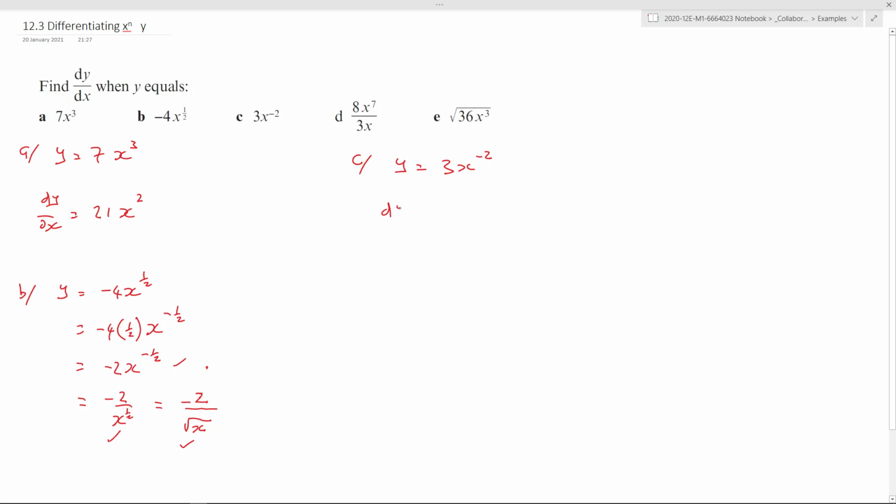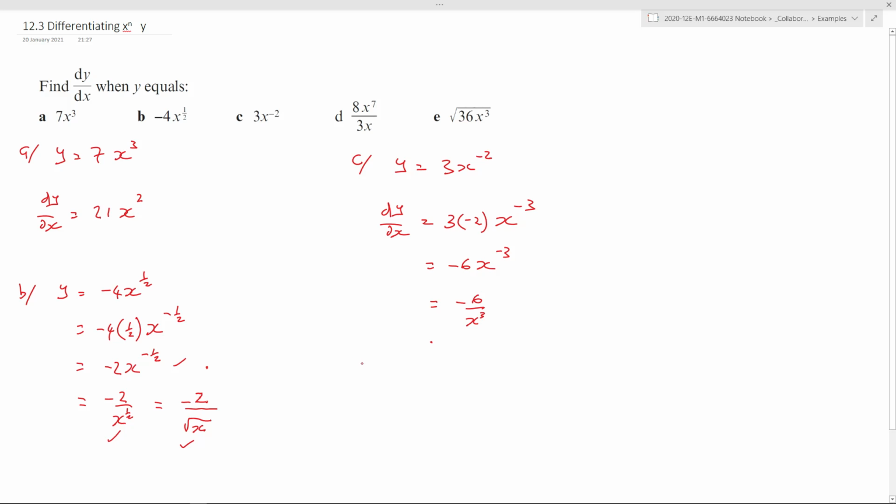So if we differentiate it, dy over dx gives us, take the power and multiply, so it'd be 3 times minus 2, x to the power of minus 2 minus 1 is minus 3. So we have minus 6x to the power of minus 3. Now, perfectly good answer, but you could write it as, depending if you needed to, minus 6 over x to the power of 3.